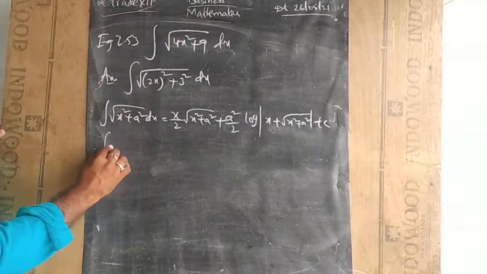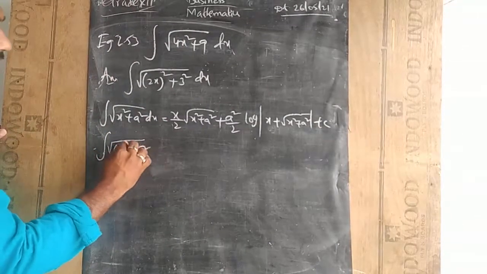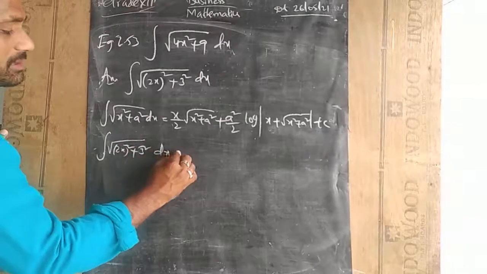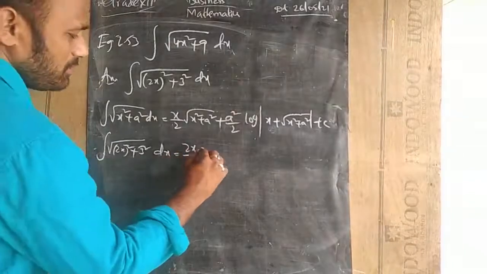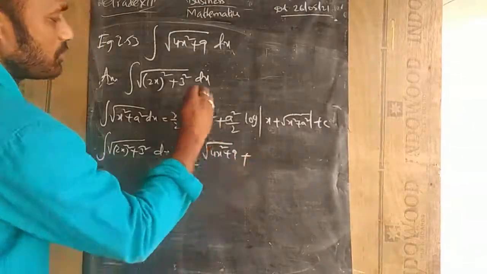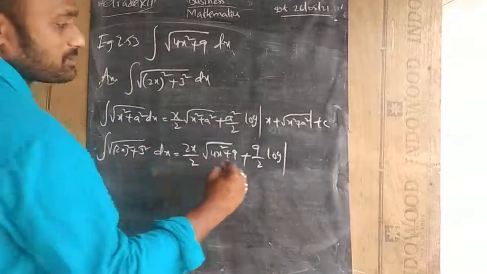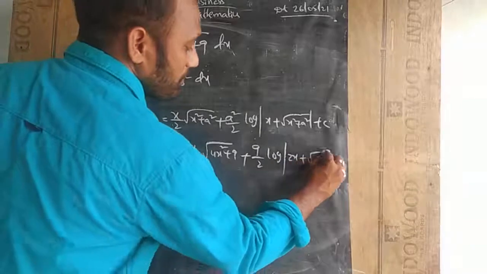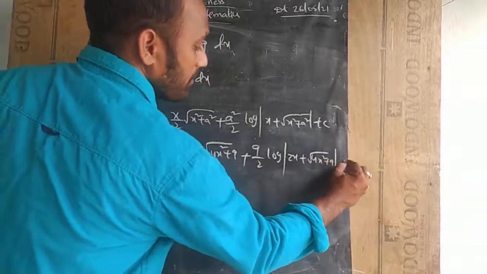Let me replace this: integral root of 2x whole square plus 3 square dx is equal to x by 2, which is 2x by 2, root of 4x square plus 9 plus a square by 2, means 9 by 2 log of x, that is 2x plus root of 4x square plus 9 plus c.